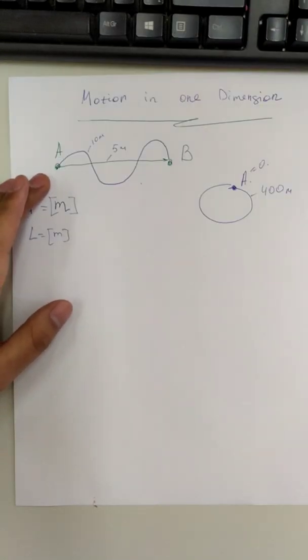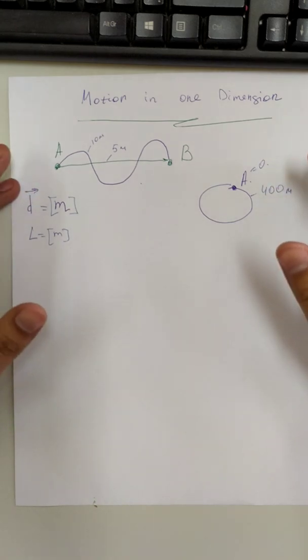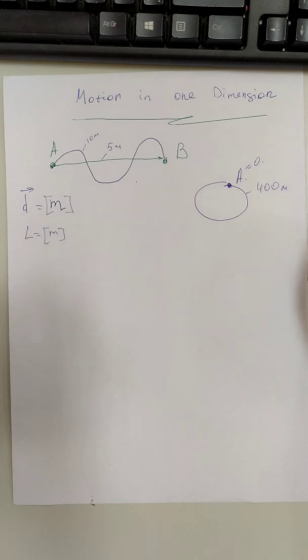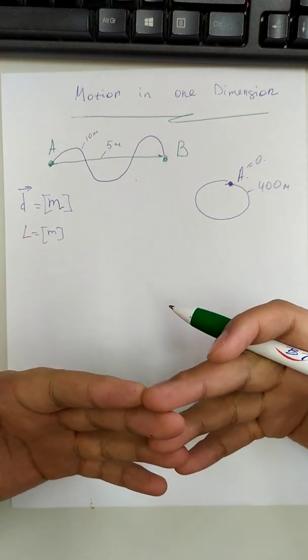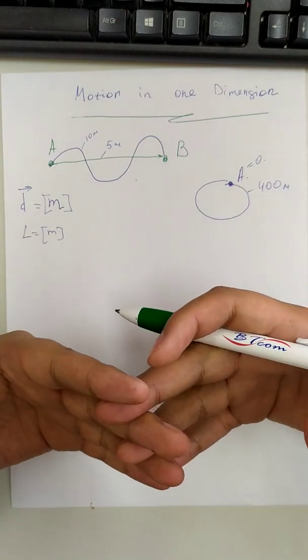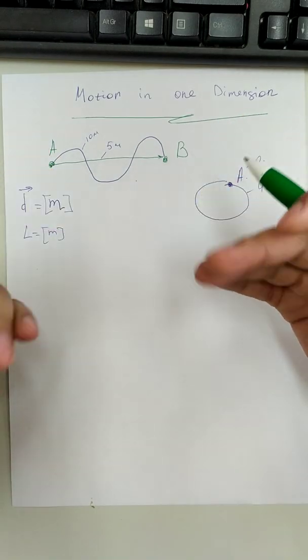In everyday life, it is often more important to know the distance traveled. For example, if you are going to travel from Paris to London, you will want to know the distance you should travel.